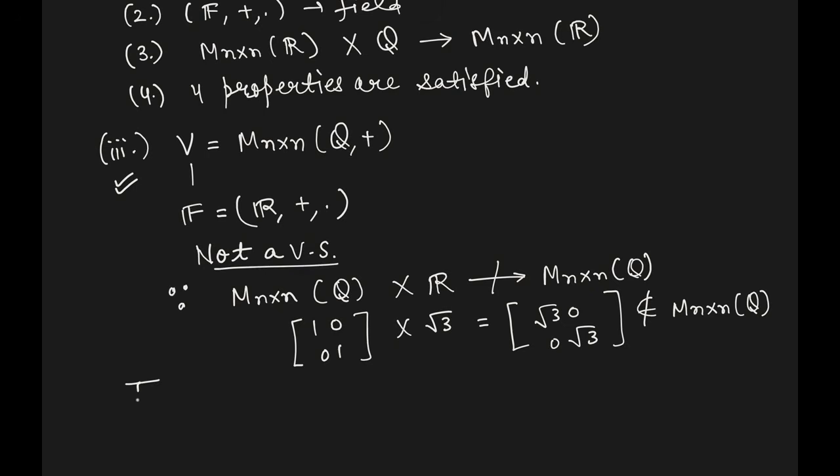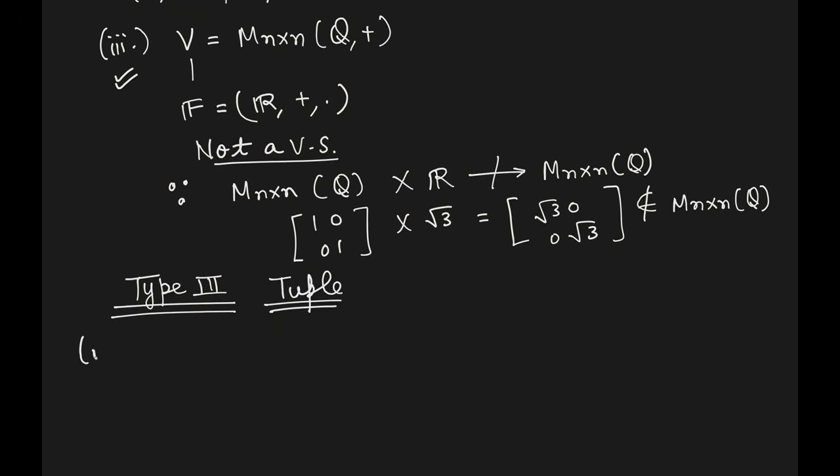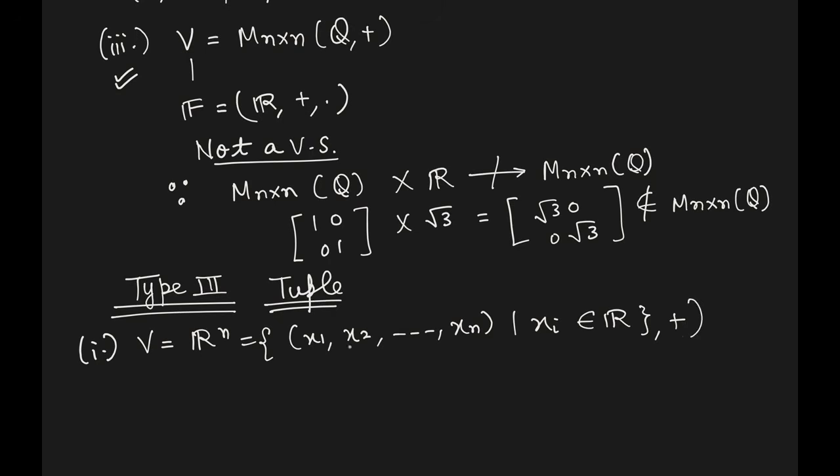Okay. Now type third, in the form of tuple. First one, V is equal to R n, the tuples x1, x2, so on till xn, such that xi belongs to real numbers, with respect to addition.